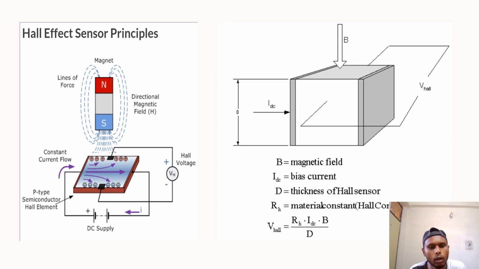In a semiconductor, when the current flows in a direction and we apply a magnetic field perpendicular to the direction of current, charge separation takes place, and a potential difference is created inside the semiconductor. This potential difference is called Hall voltage.